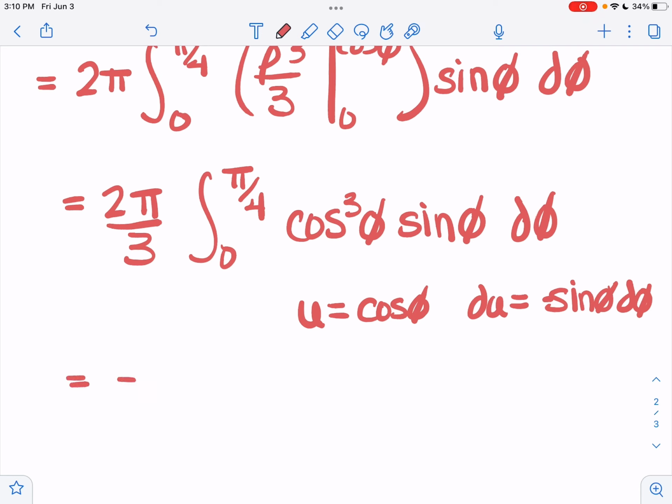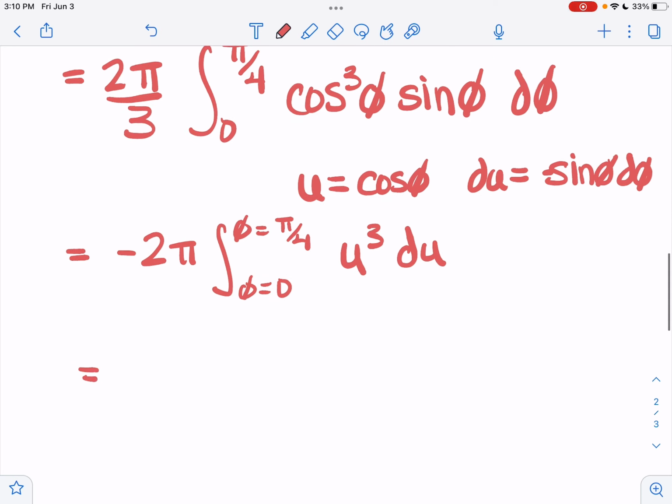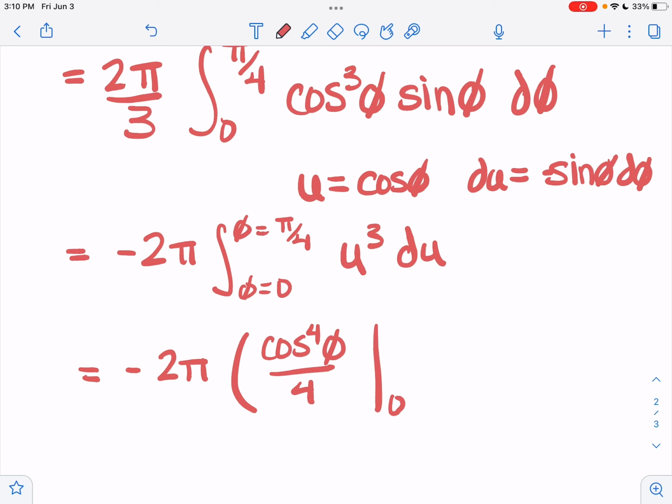And that means we have minus 2 pi over 3 integral, if phi equals 0 to phi equals pi fourths, of u cubed du, and that is going to be a minus 2 pi over 3. u to the fourth over 4 is going to be cosine to the fourth of phi over 4 from phi equals 0 to pi fourths.